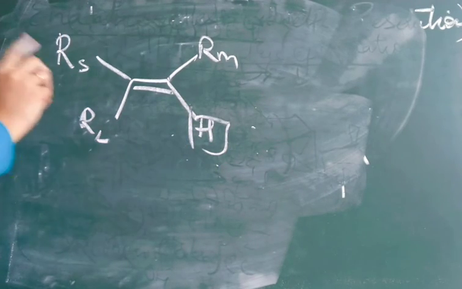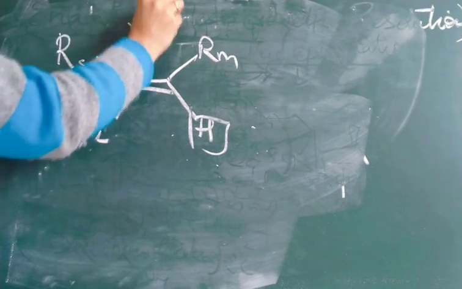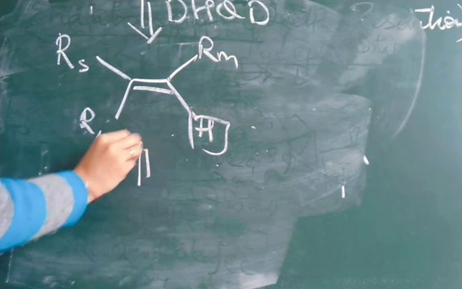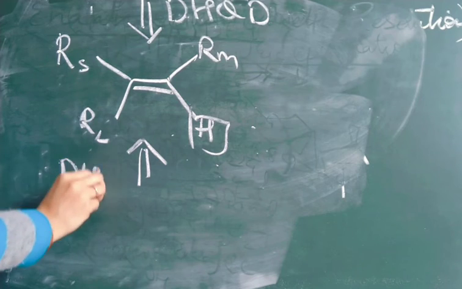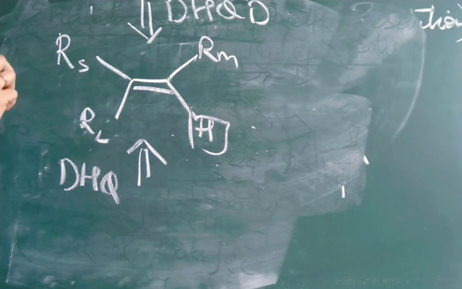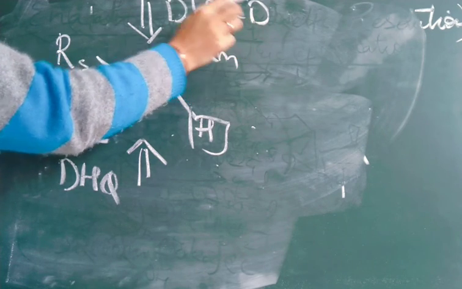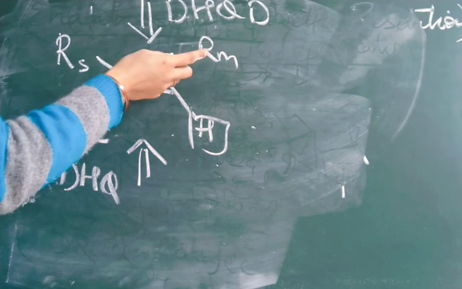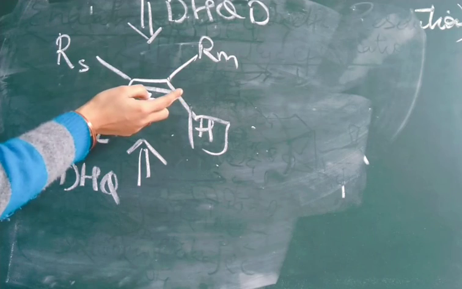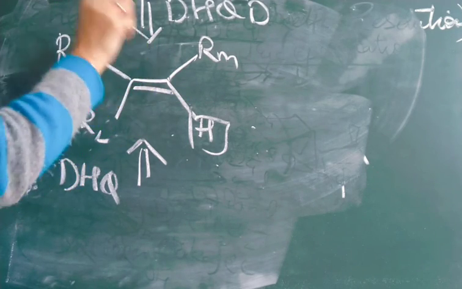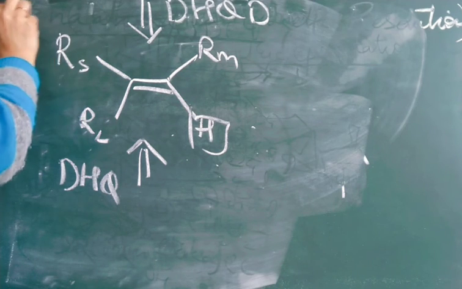Okay, what happens when I am using the chiral ligand dihydroquinidine, and what happens when I am using the chiral ligand dihydroquinine? See, when I am using the dihydroquinidine, suppose we are using osmium tetroxide, there will be the syn addition of hydroxyl group. So what will happen? They will be above the plane.